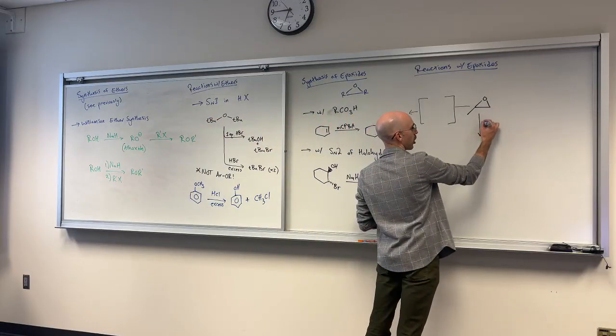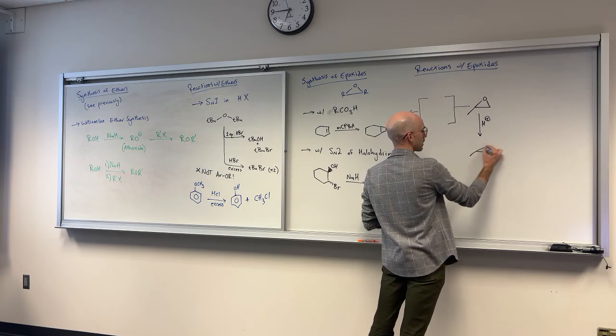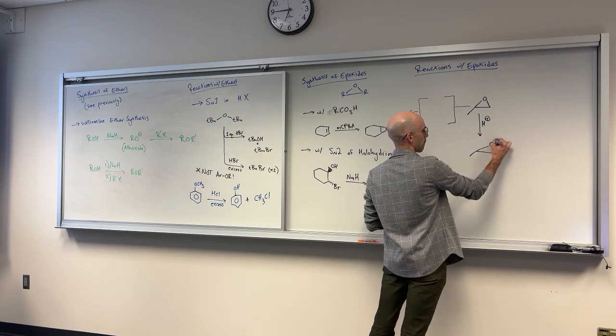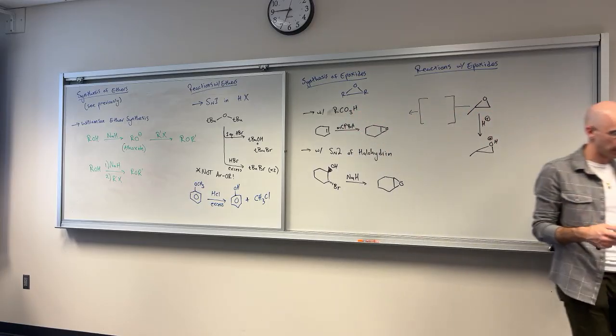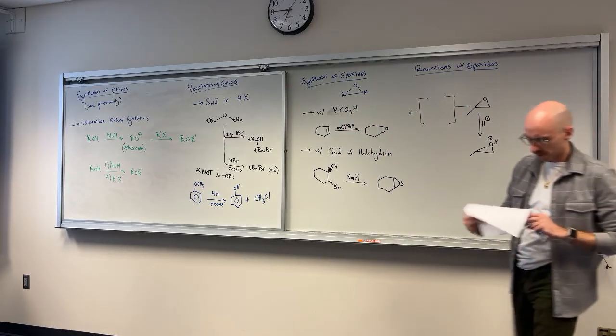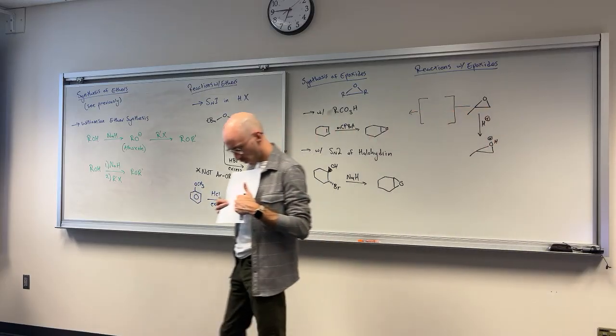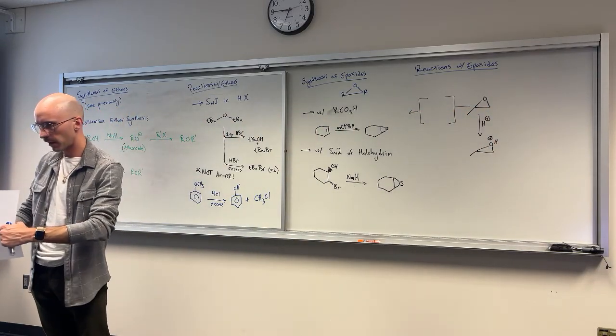If epoxides are run in acidic conditions, then the epoxides become protonated. I just realized that I drew my epoxide opposite of how it looks on yours, so I apologize for that. But I do want to point out this really odd part of my protonated epoxide. Do you see that? What's weird about that?